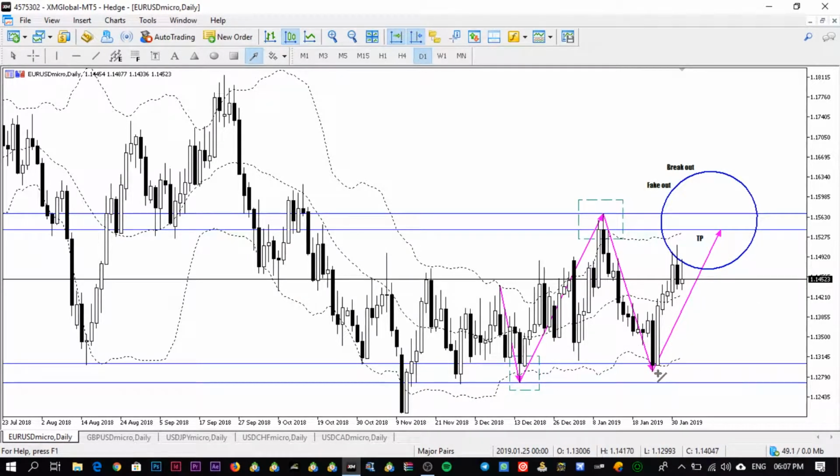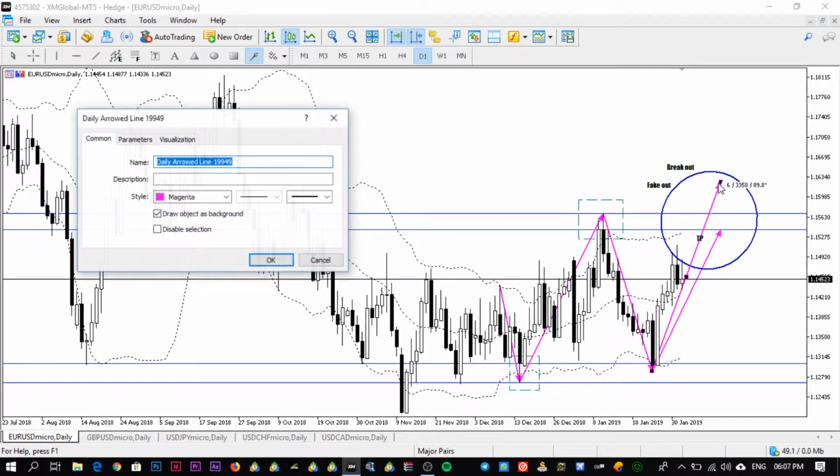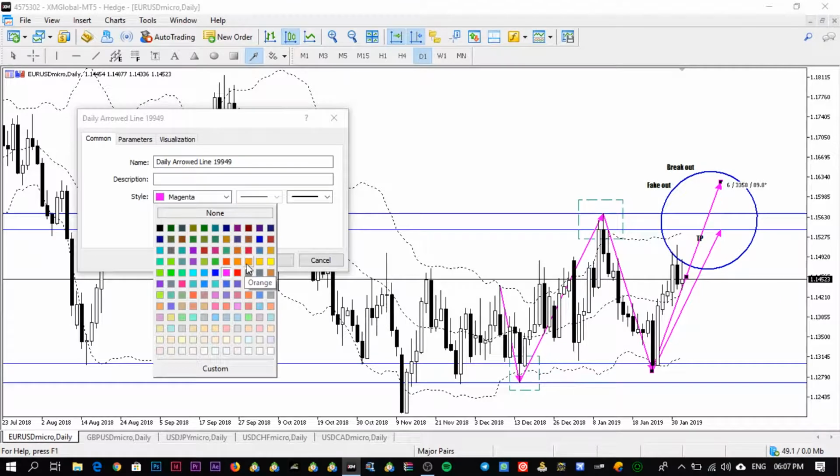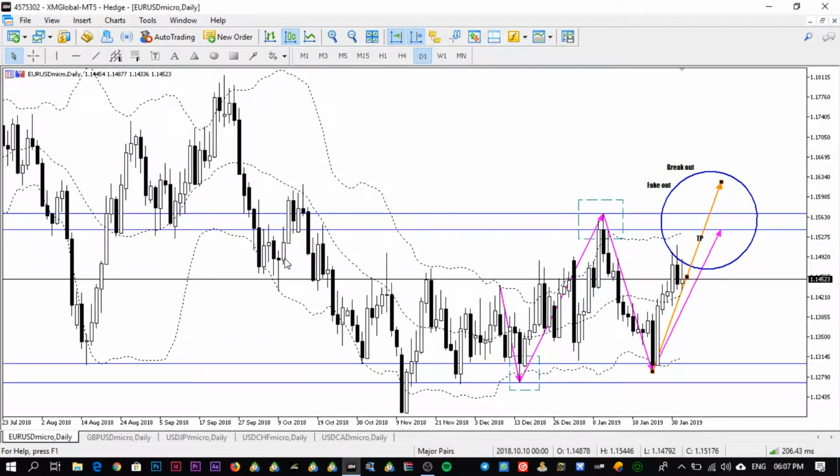What I mean by a fake out is that I'm expecting price to push through our zone, trap some buyers in there, and then push back into our zone and push towards our support region. This is option A, possibility A.